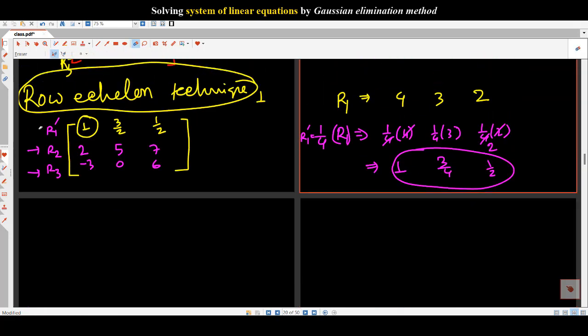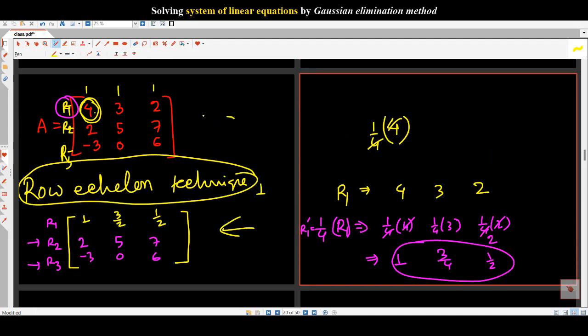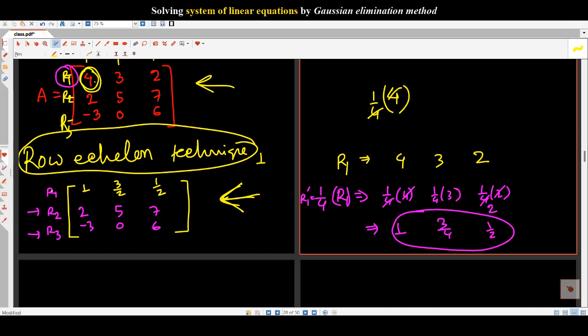Suppose now we have this new echelon matrix. From this matrix we have found this new matrix. Every time we do some operations, we will get a new echelon matrix, and that new echelon matrix will be with R1, R2, R3. There is new R1, new R2, new R3. No need to write R1 prime again. So consider that we have just R1, R2, R3.